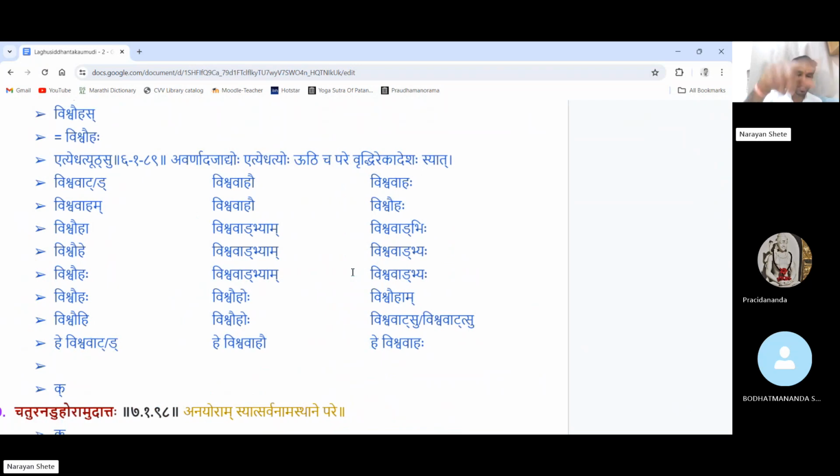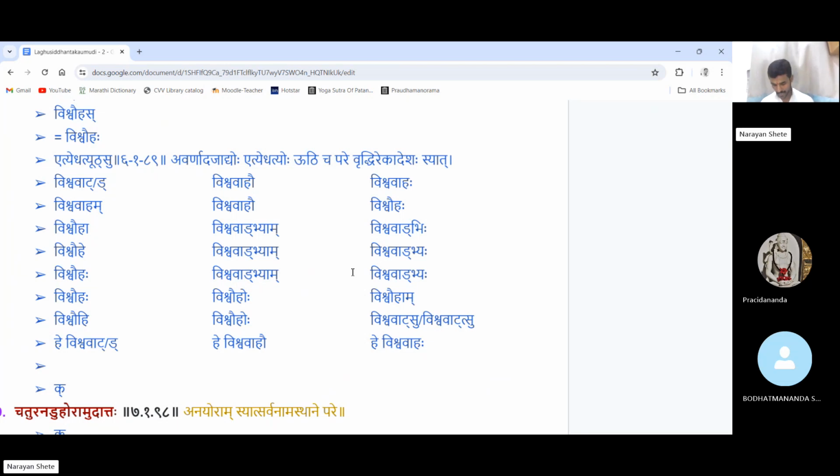Vishwavaha, Dvitiya Vibhakti Bahuvachana, Tritiya, Chaturthi, Panchami, Shashthi, Saptami Ekavachana, Shashthi, Saptami Dvivachana, and Shashthi Bahuvachana. In these forms the Samprasarana Ut will come, and then Etya Dhatyutsu vriddhi will take place. These are the forms. Apart from those, the forms are common to any other hakarantas.